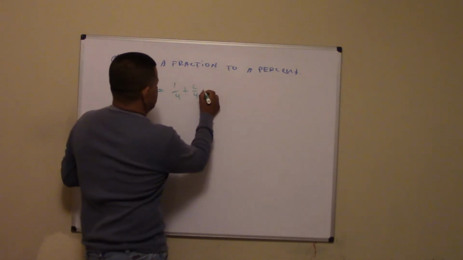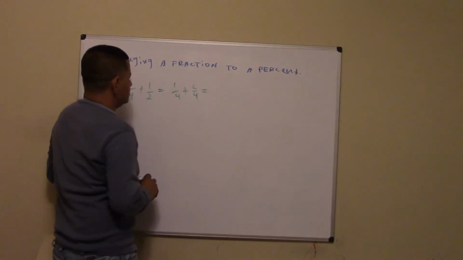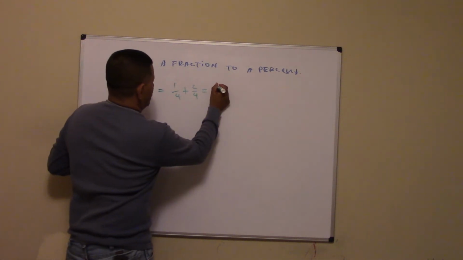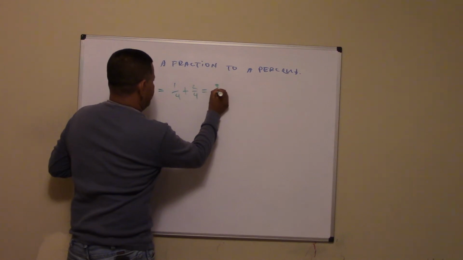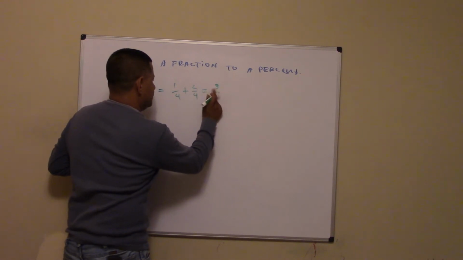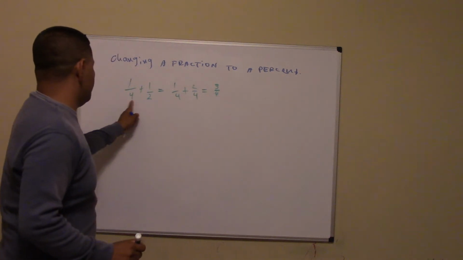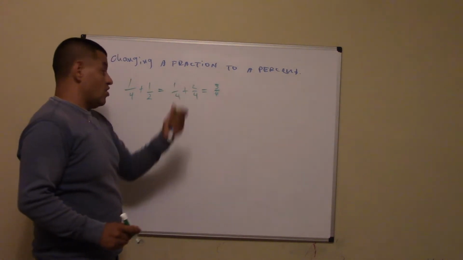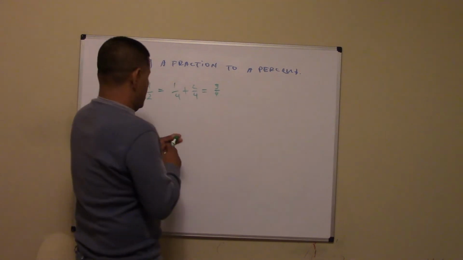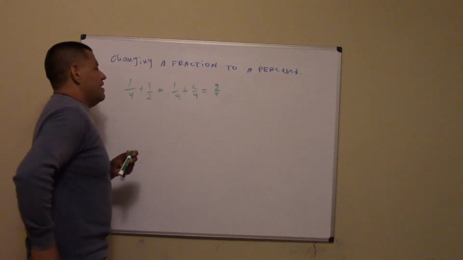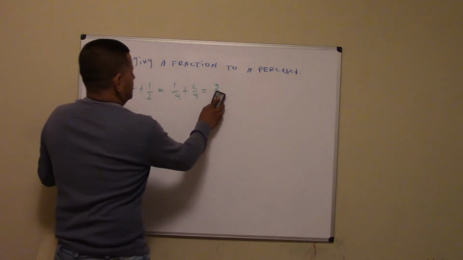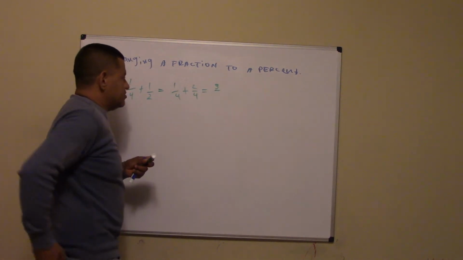When you add this, it's going to be 3/4, right? Of course, because 1/4 plus 2/4 is 3/4, correct? That makes sense?